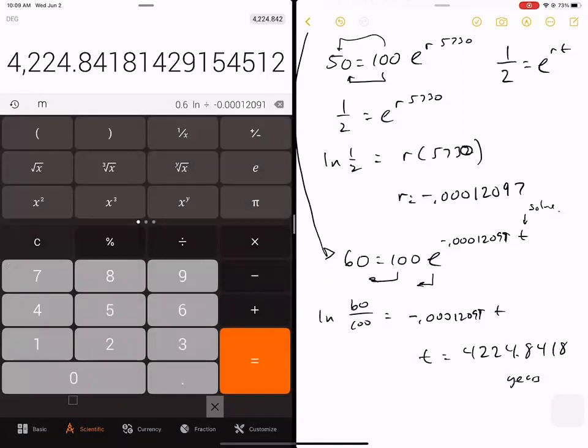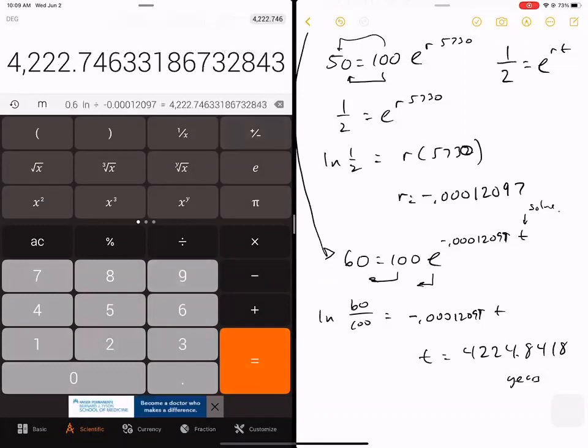And let me delete it. All right, so 0.6 divided by 0.00012097. Let's see if that one gives me a little better. Yeah, there you go. Wait, was that answer better?